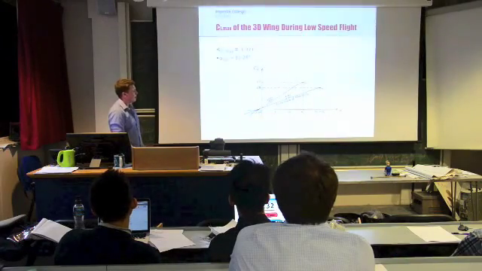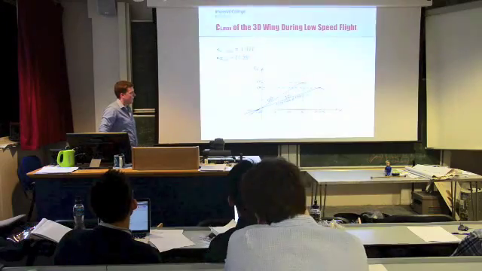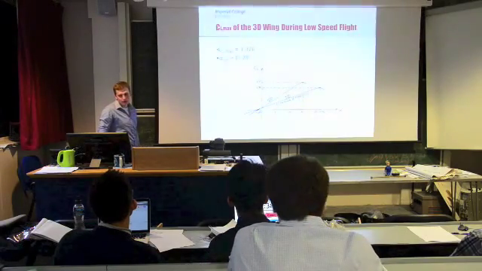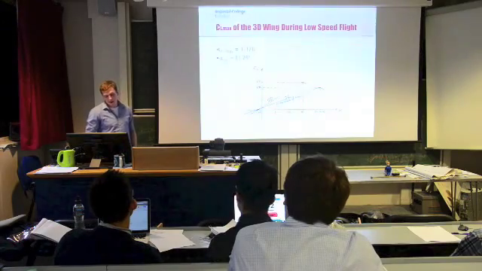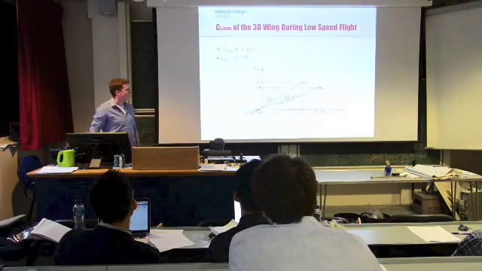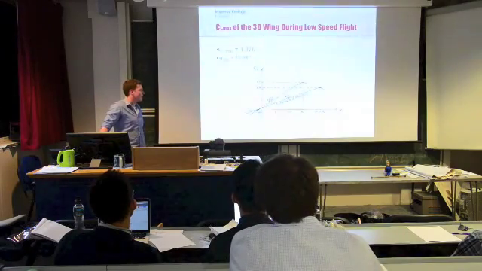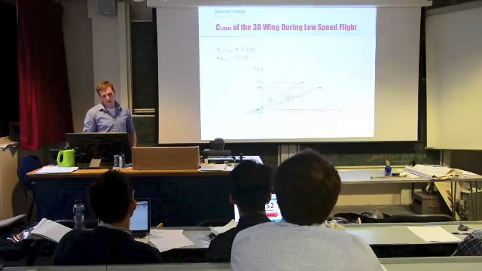But remembering that we have a low aspect ratio wing and that the induced angle is quite large, I tried to estimate the induced angle. This, by the way, is my hand sketch of the 2D and 3D lift curve, just for comparison.